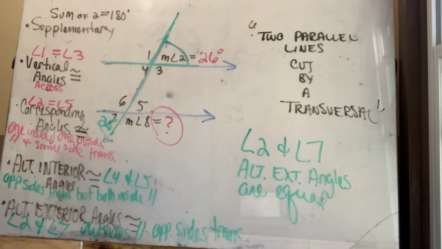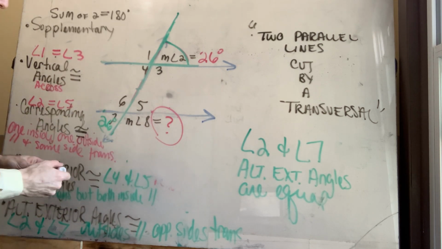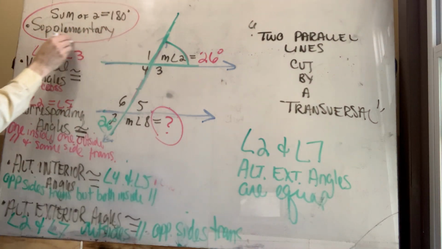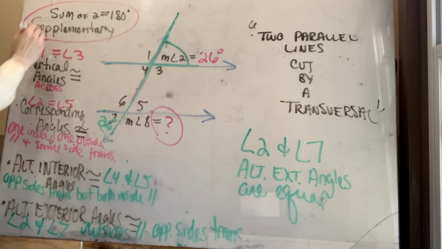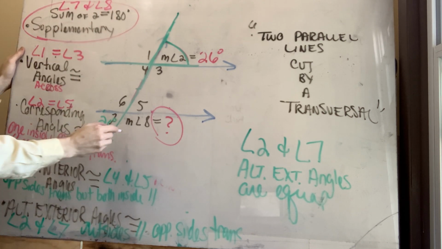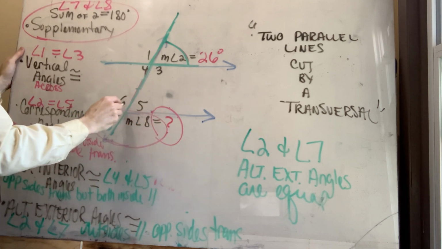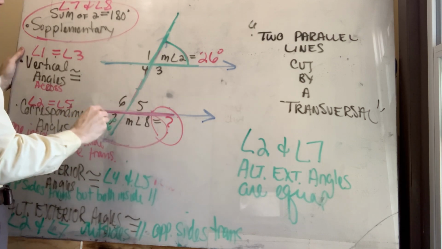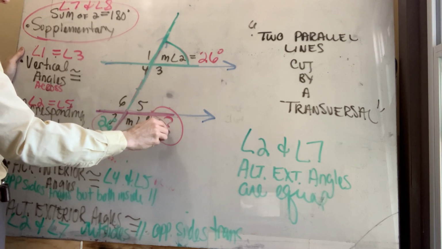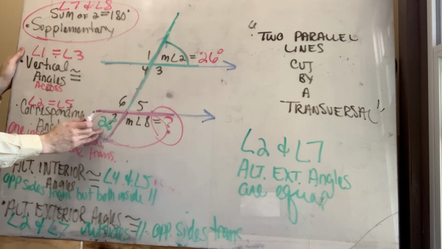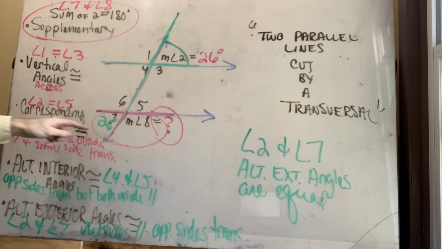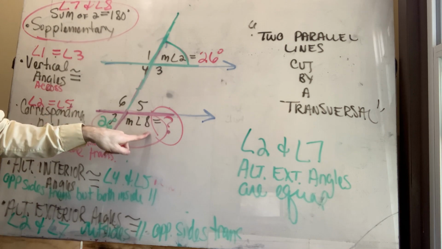Then to answer the question of, well, what is angle 8? Angle 7 and angle 8 are supplementary, right? Which means that their sum would be equal to 180. This is a straight line, and straight lines are 180 degrees. So even if this is mysterious, as long as we have one or the other, and now we know that this is 26, we could infer what angle 8 would be.